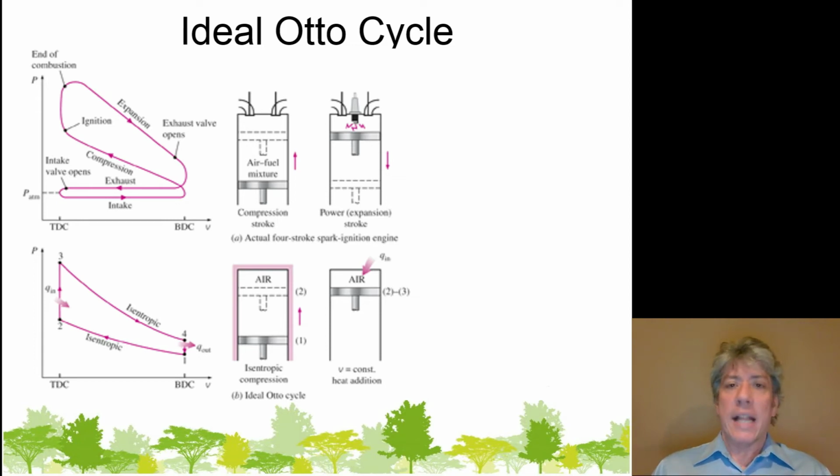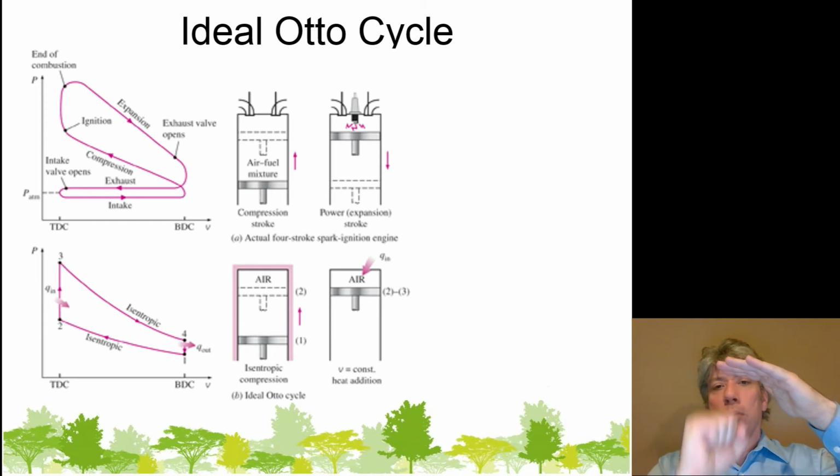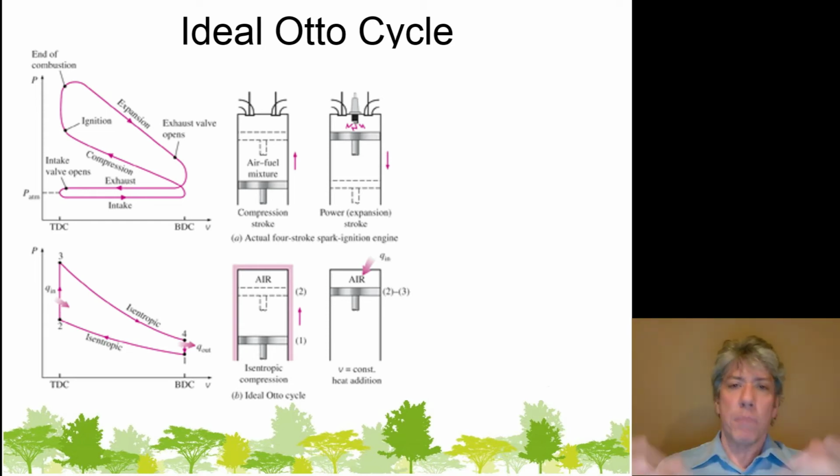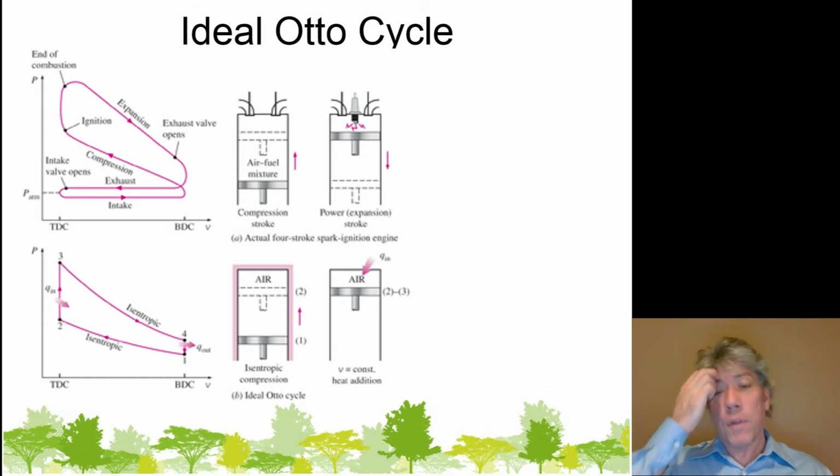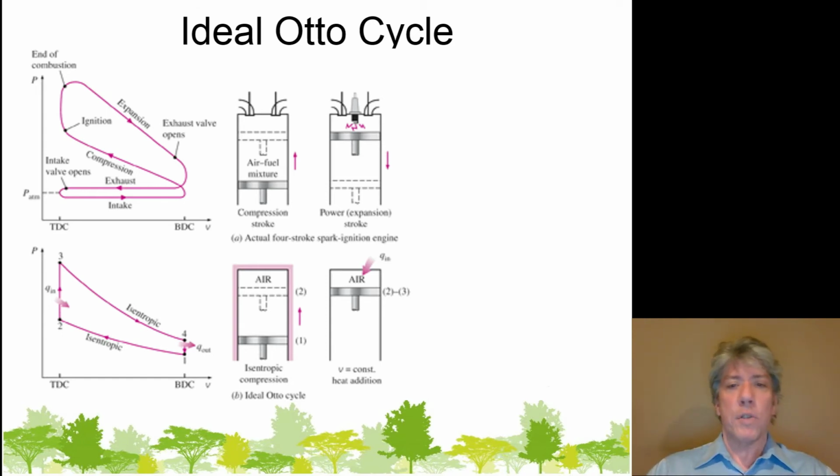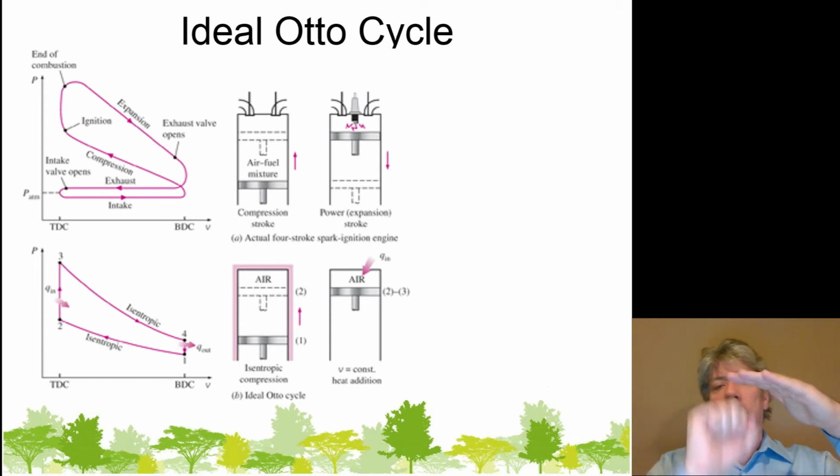So in reality, the piston actually moves a little bit. It's moving up, the spark ignites, it starts moving down as the flame spreads and burns, but it's not that much. And there is what you would call a pressure spike, where the pressure does rise fairly rapidly from the point of ignition to the end of combustion. And even though the piston actually moves during that time, it's moving near the top of the cylinder.